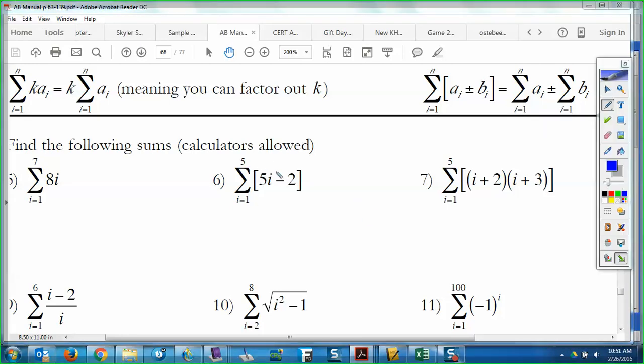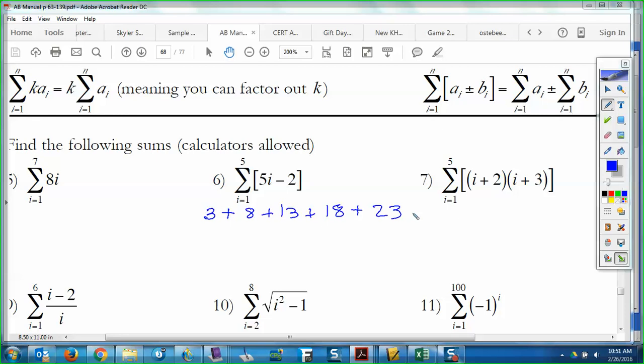So you got i equals 1 to 5, 5i minus 2. So what will I write down first? I just want to add these up. So I start right here, i equals 1. What do you get? 3 plus 8 plus 13 plus 18 plus 23, right?